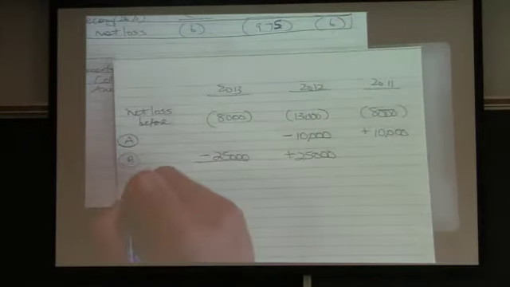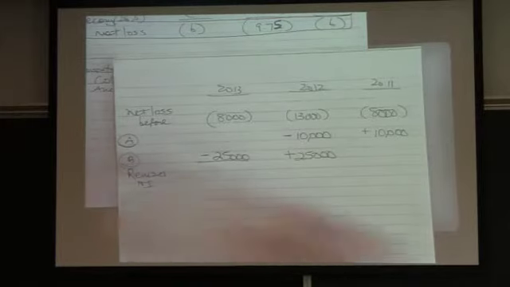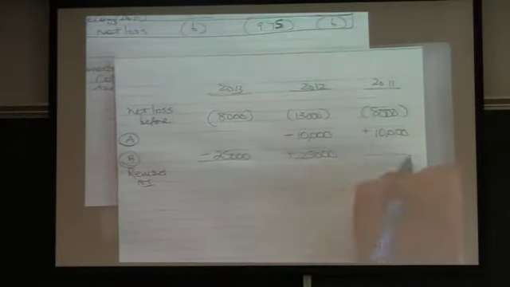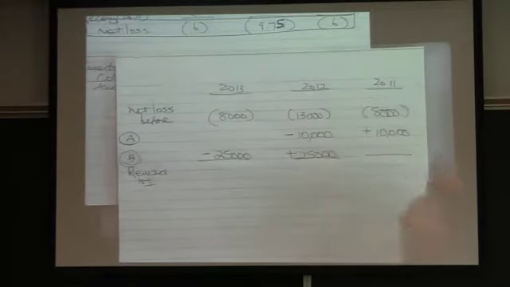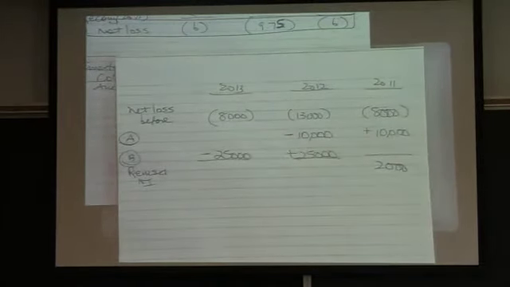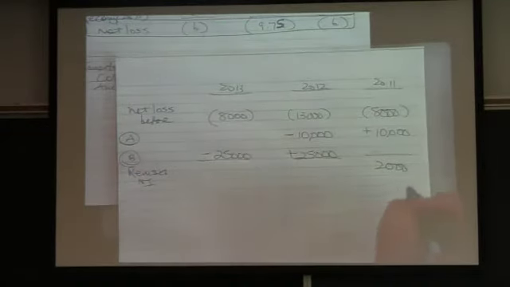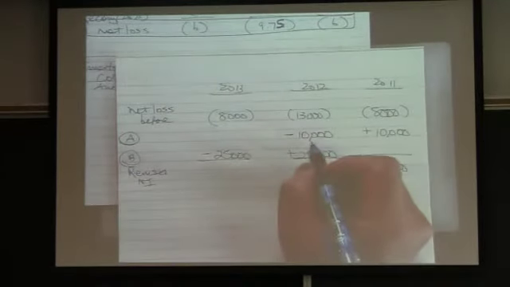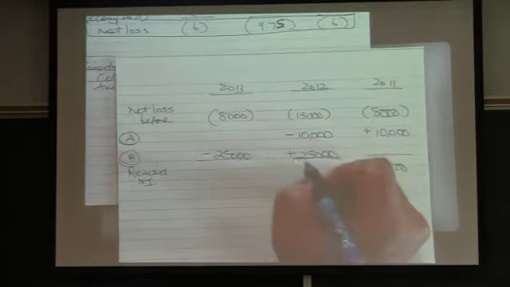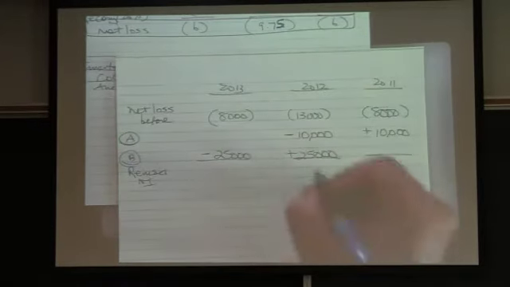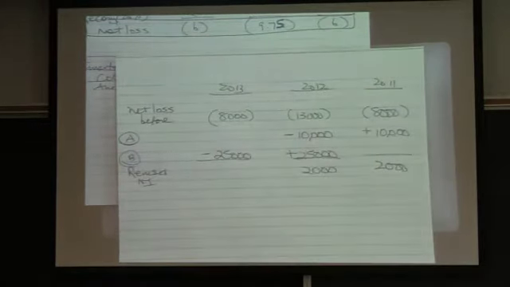So let's recalculate the revised net income. So the first one is we're going to have a $2,000 income. Okay? And this one is 23 less 25 is $2,000 income.